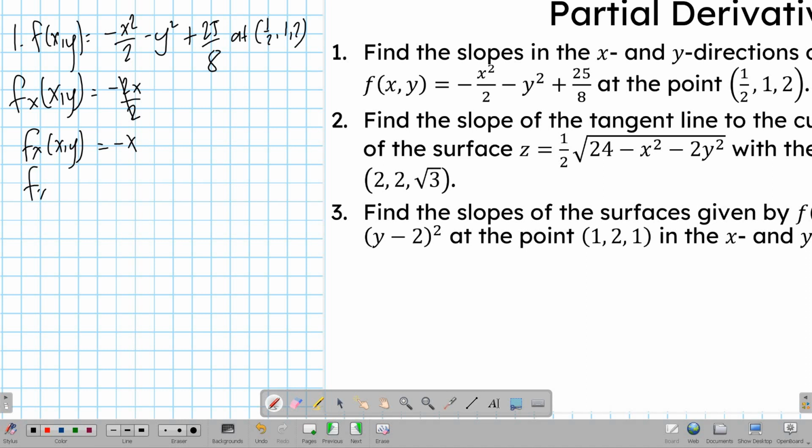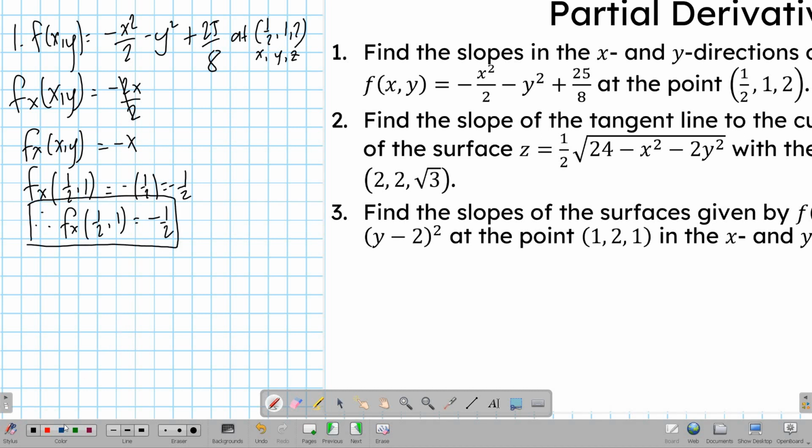Therefore, the partial derivative at the point 1/2, 1, 2, where I'm not going to write the 2 because remember, the ordered triple is x, y, z and in the function you only need x and y, would be the negative of 1/2, which is negative 1/2. Therefore, the slope of the surface at the point 1/2, 1, 2 in the x direction is negative 1/2.